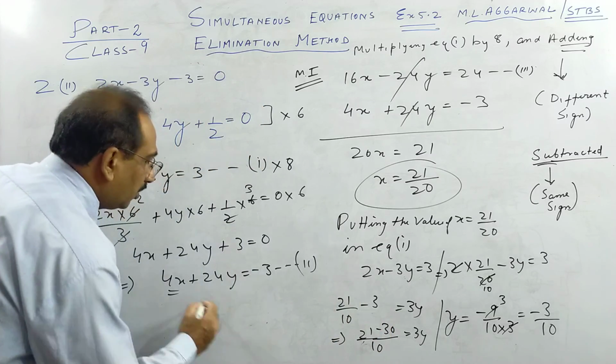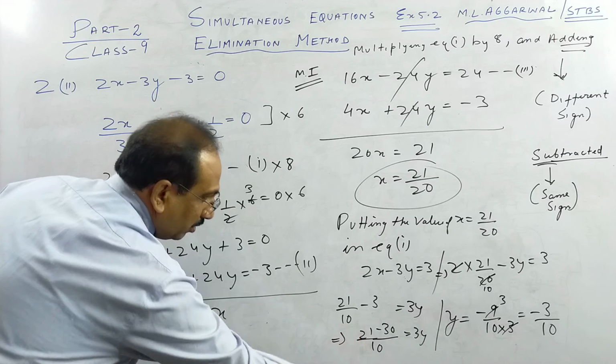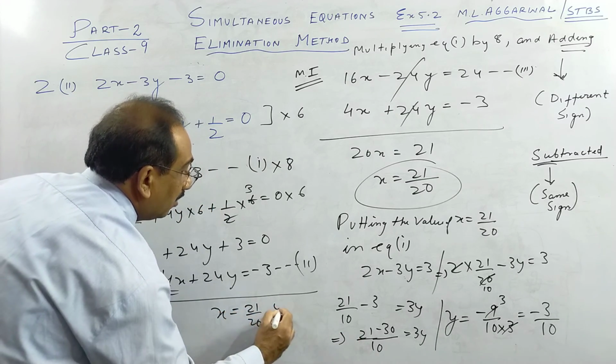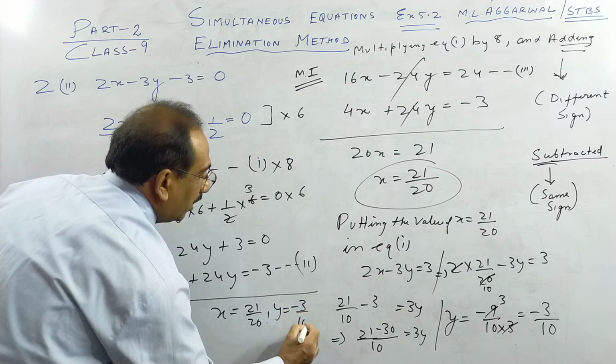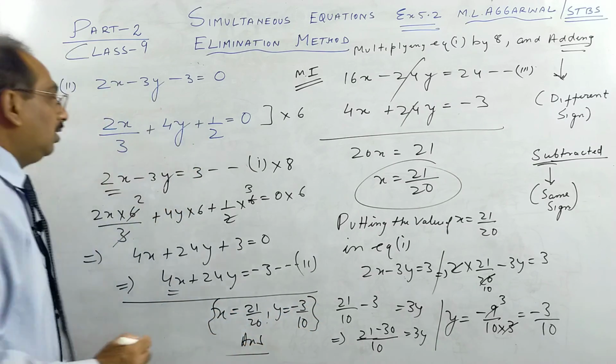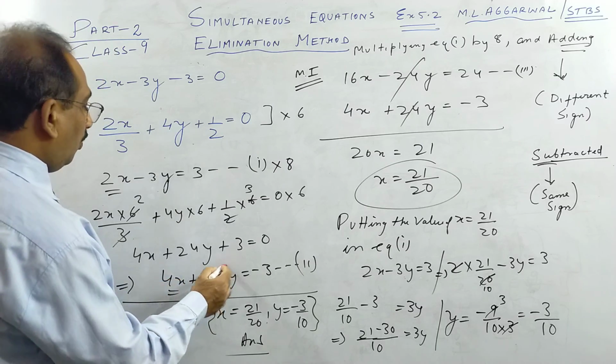So finally, children, you write down, I am not writing, you may not be able to see, x is 21 by 20, y is minus 3 by 10. This is our answer. Remember, here I have eliminated y by making the coefficient of y equal.